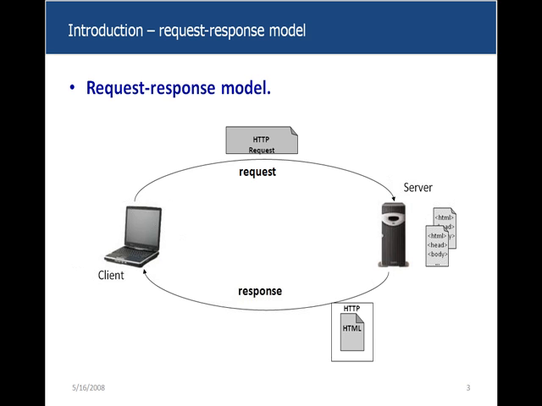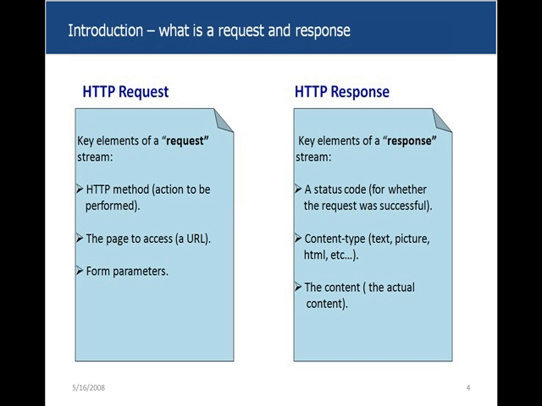Now that we have discussed what a request and response is, let's look into more details of the HTTP request and HTTP response. Let's see what the key elements are for a request and response. First the request. The key elements for a request start with the HTTP method. We will discuss the HTTP methods and the differences between the various methods later in the session.